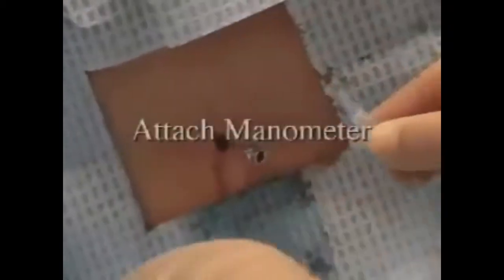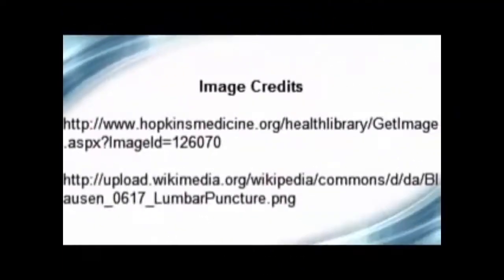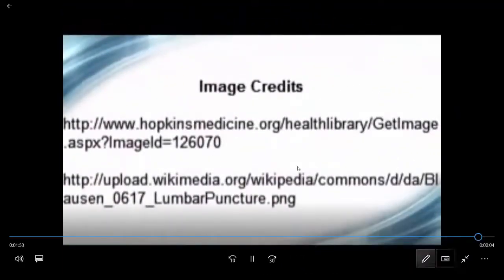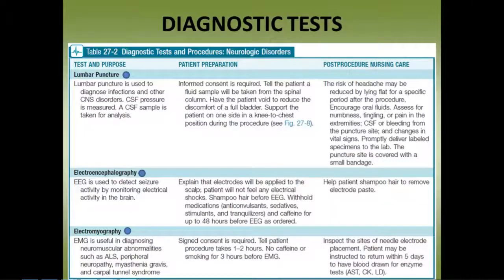Pag clear yung nagli-leak dyan, not blood, then that would indicate that the doctor is able to hit the spinal cord of the patient. And then they're going to get already samples of the CSF. Ayan. Okay, so that is how lumbar tap or lumbar puncture is being done.